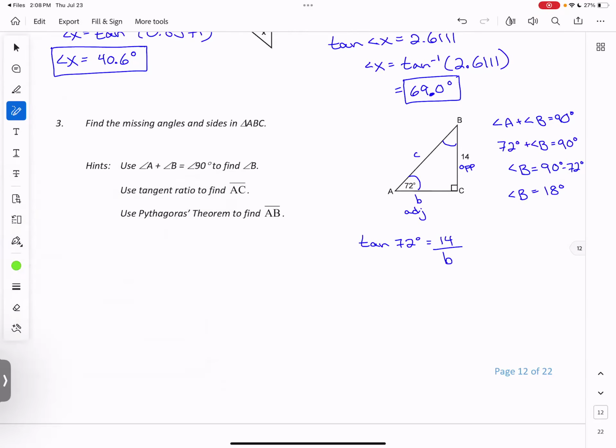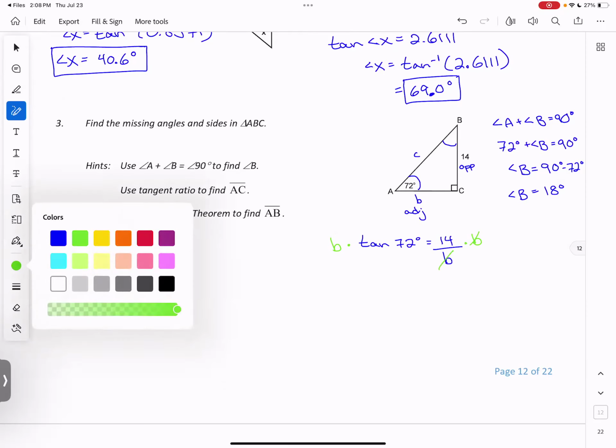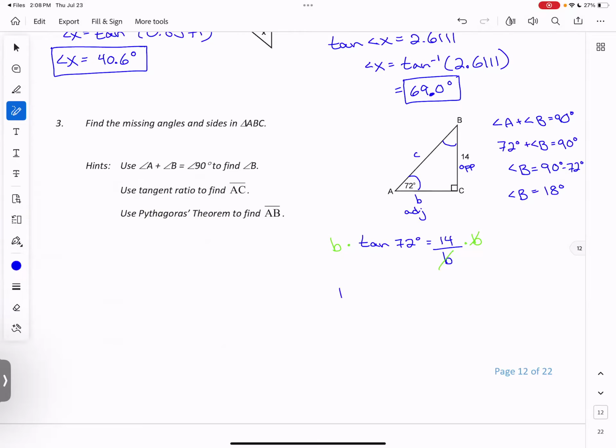So now we can rearrange to solve for b. I'm going to multiply both sides by b. And so I get b times tan 72 degrees equals 14. And then I can divide both sides by tan 72.